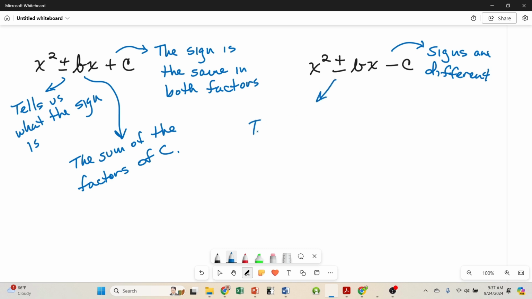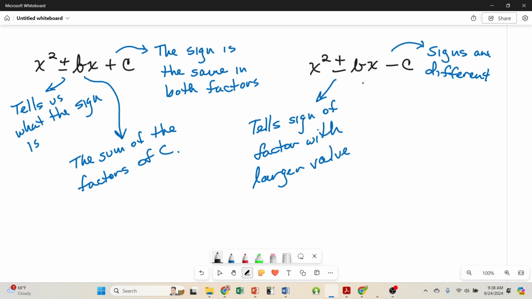This tells us the sign of the factor with the larger value. Okay, so the factor that's going to have a larger value, that's the sign of it.